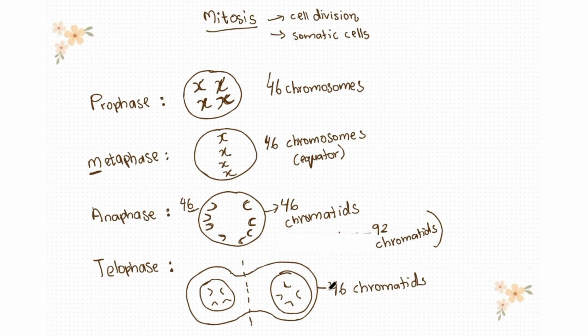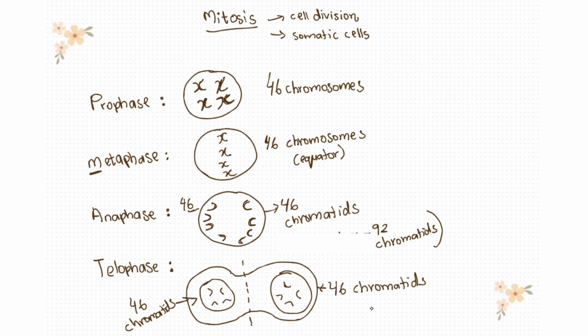The cytoplasm of the cell is now ready to divide. Again, we have 46 chromatids on one side and 46 chromatids on the other side, with the nuclear membrane formed and the cytoplasm ready to divide.